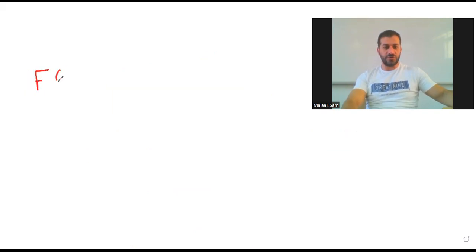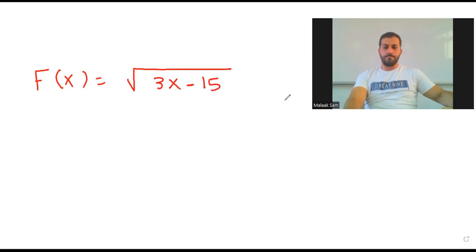If I have a function like f of x equals the square root of 3x minus 15, what is the domain in this case? I told you before that we can find the square root of any value except negative values.